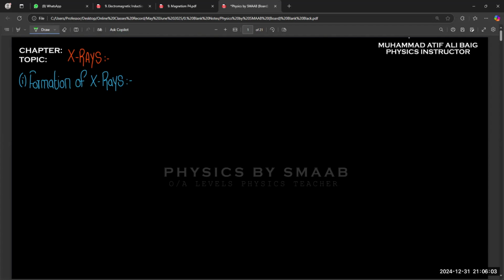For example, first of all, we have a filament. What was that type of emission? I want to write it down. Basically, it is a filament material, and we are going to heat up this filament to get electrons from it.